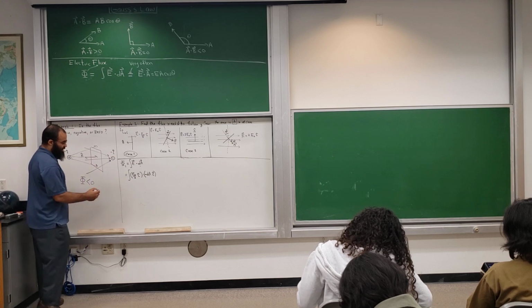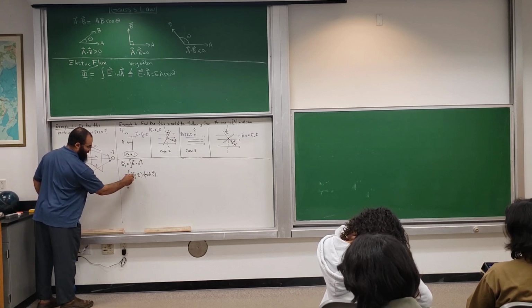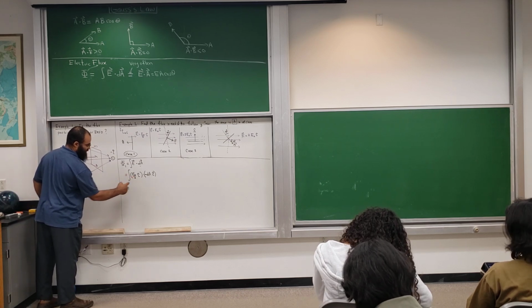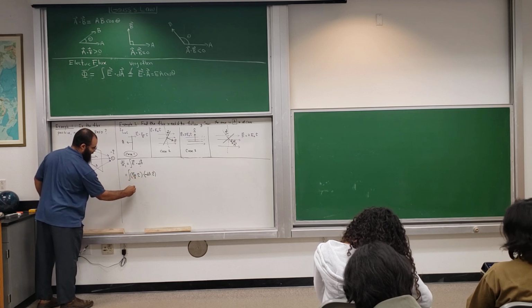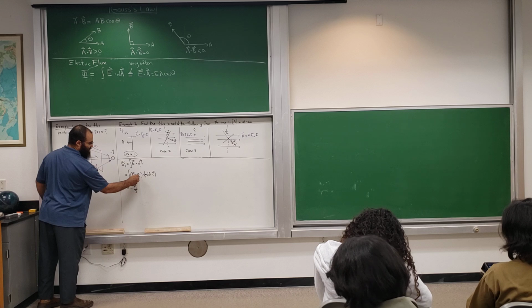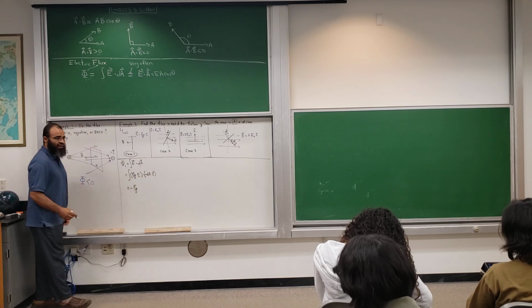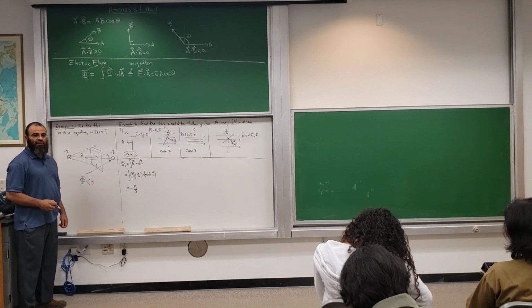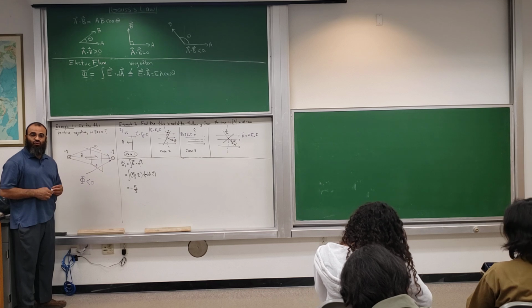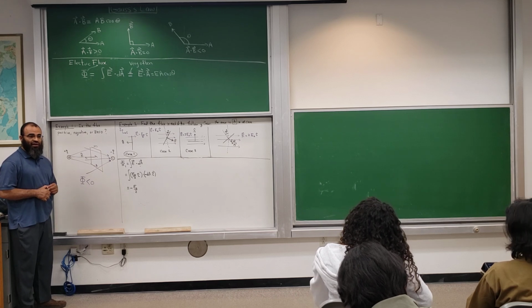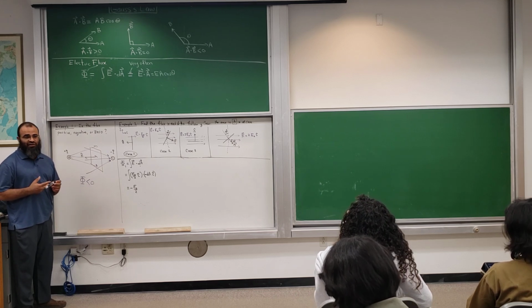So now I need to... E naught over 2, that's a constant, and then the minus sign. So I have this minus E naught over 2. And then what's the dot product of I hat dotted with I hat? I hat with I hat is 1. If it were I hat and J hat, they make 90 degrees, that would be 0.